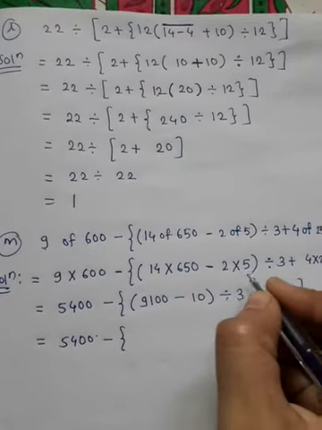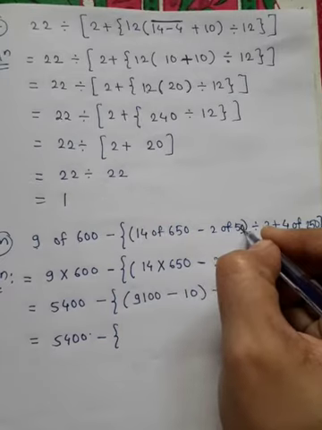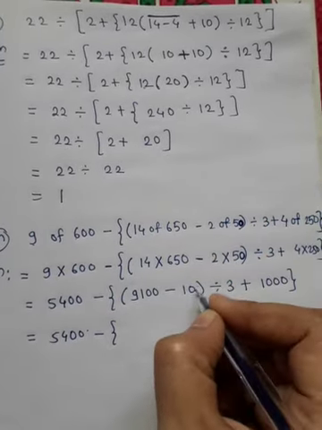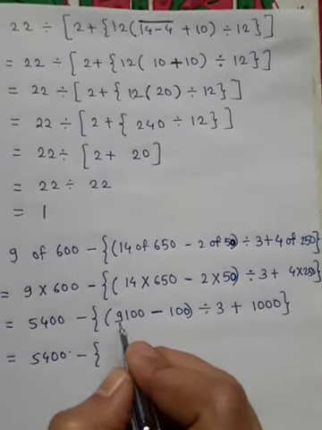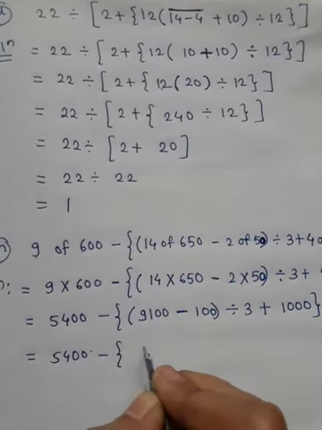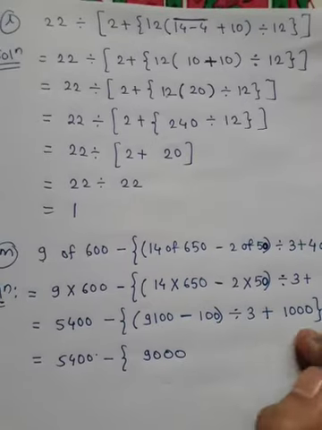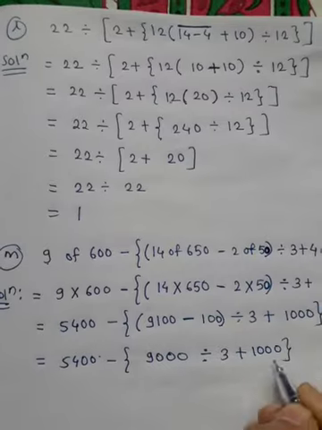Sorry, I wrote here 2 of 50. Okay, mistake, 2 of 50, here also 15, 15 is 100. Okay, now see, when we subtract 100 from 9100, we get 9000. Okay, so remove that round bracket, write remaining term as it is, divided by 3, plus 1000.